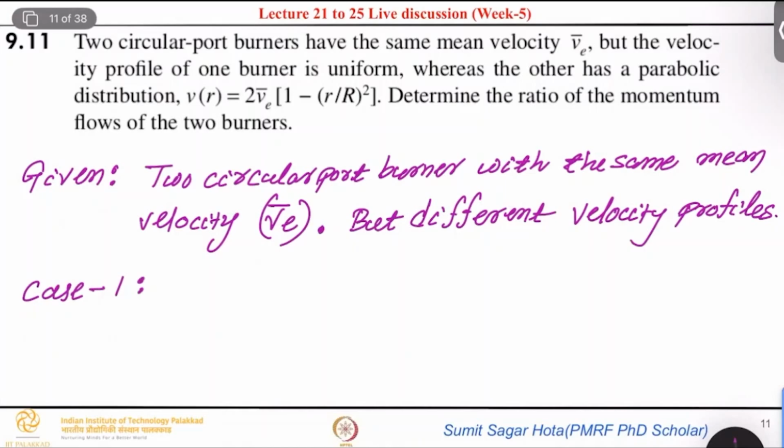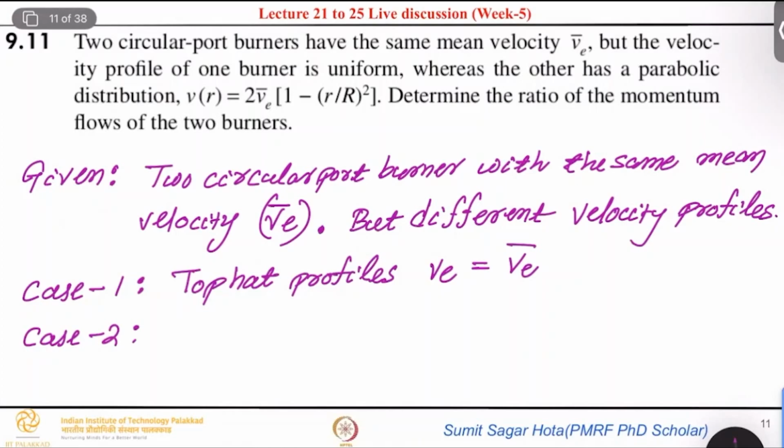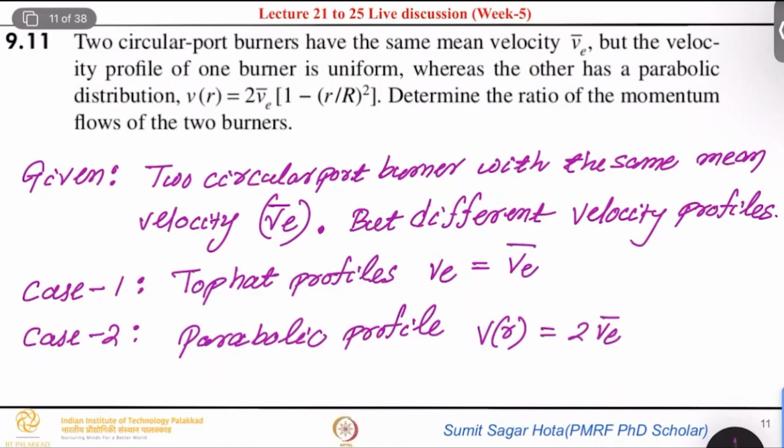Case 1, top hat profile: VE is equal to VE bar. Case 2, parabolic profile: V of r is equal to 2 VE bar times 1 minus r square by capital R square.